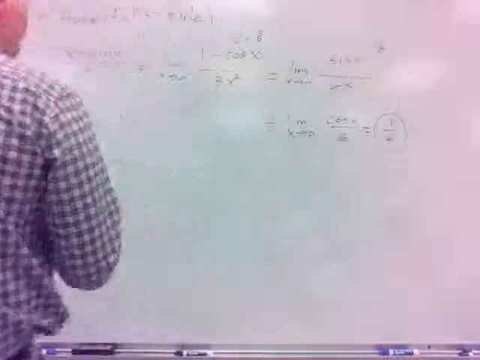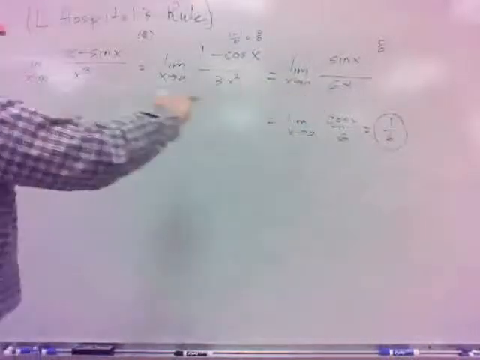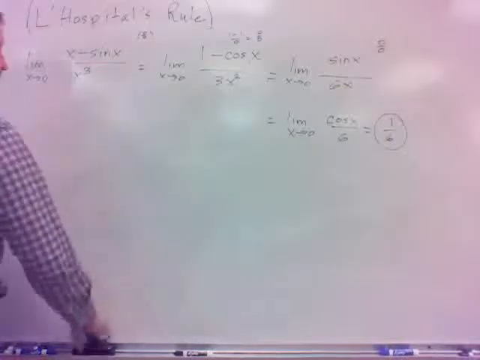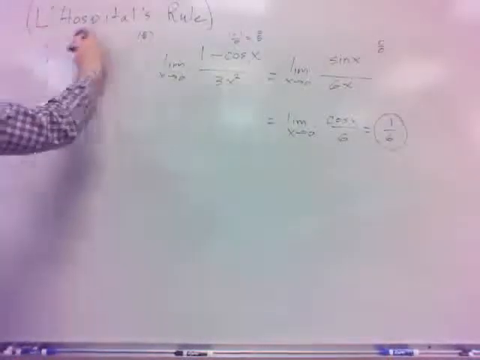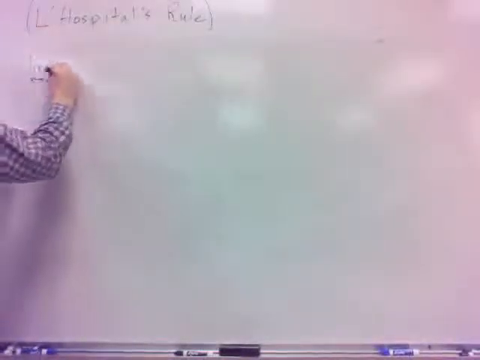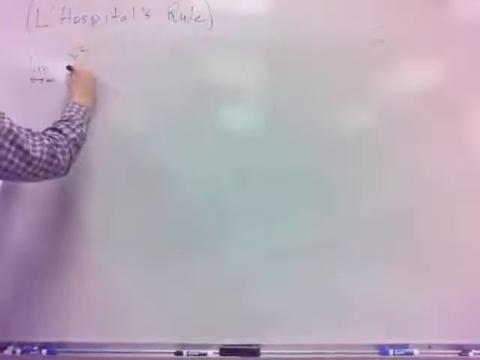All right. So far, these last few anyway, have all been 0 over 0. So let's look at some infinity over infinity. What about the limit as x goes to infinity of x squared over e to the x?